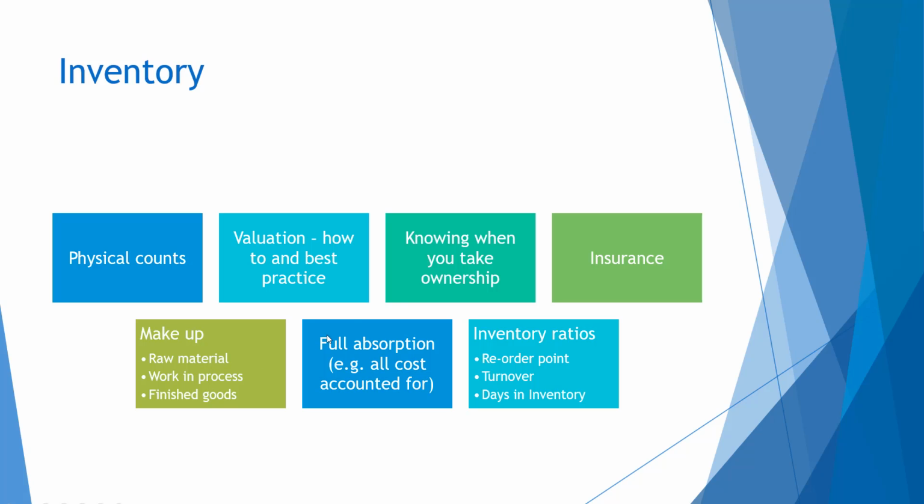Now, you need to know when you take ownership of inventory. This may sound a little odd, but if you're ordering stuff from pretty much anywhere, but usually overseas, if you're ordering product from Taiwan, you need to understand what the terms are.